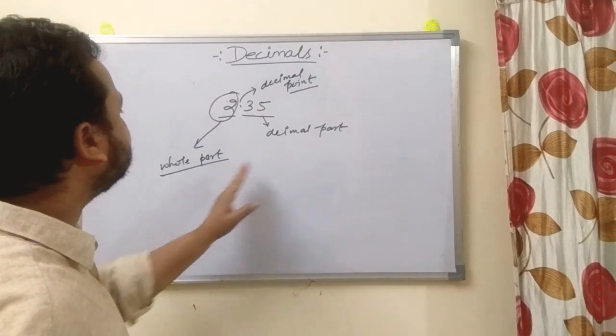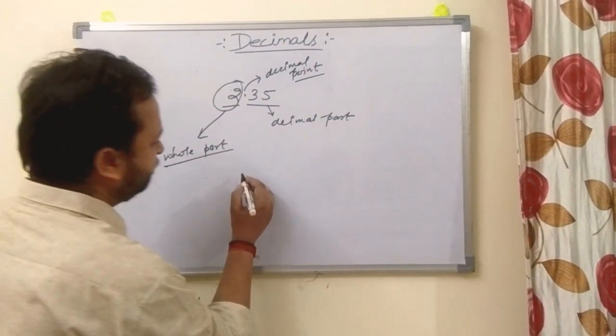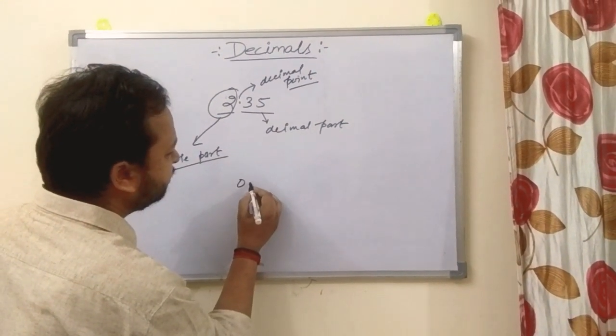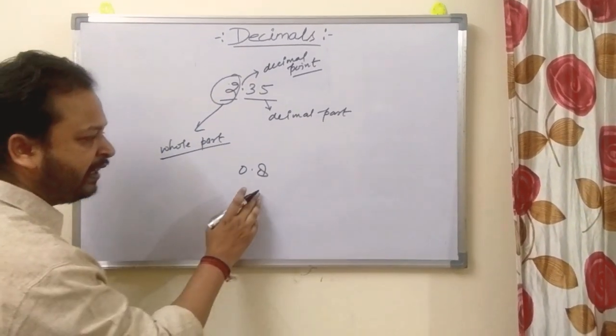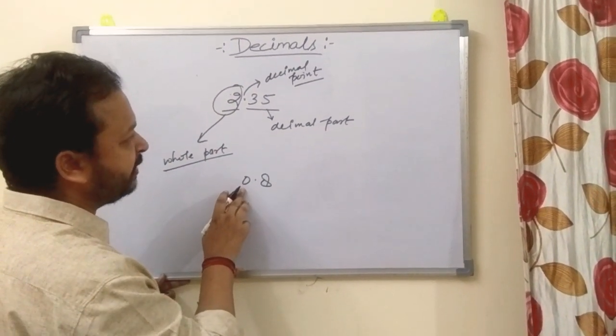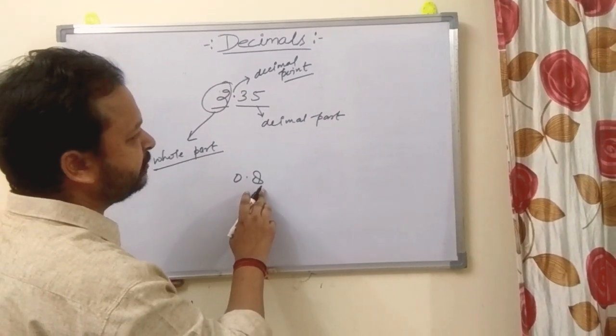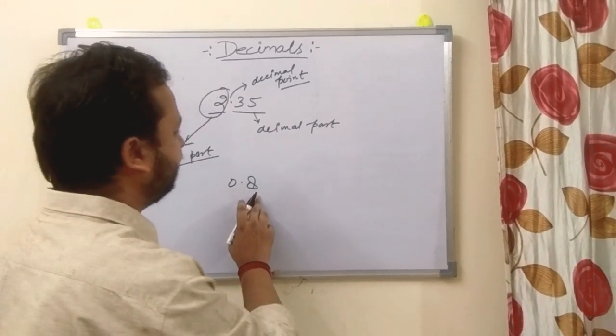In some cases, the whole part is not present, such as a number written as 0.8, right? The whole part is 0 and the decimal part is 8.